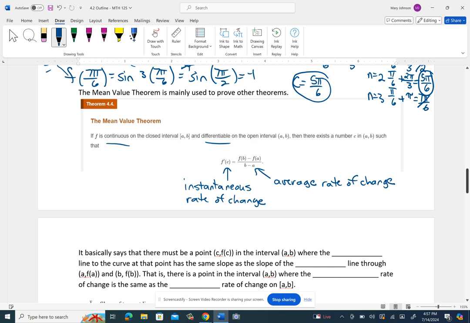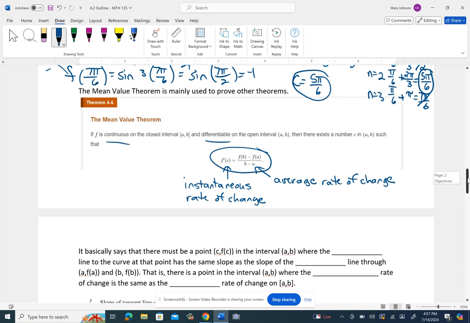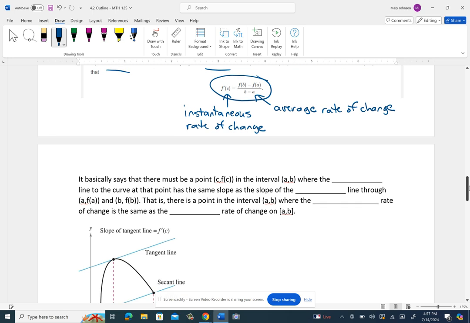Okay. So that right there basically tells you what your procedure is going to be. All right, so it says there must be, so if you've got a function that's continuous on the closed interval, differentiable on the open one, there has to be a point within that interval where the tangent line to the curve at that point has the same slope as the slope of what they call the secant line through the endpoints.